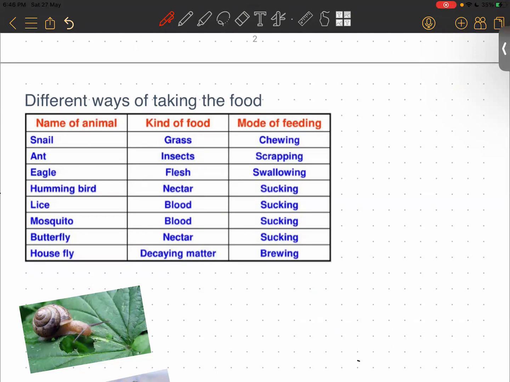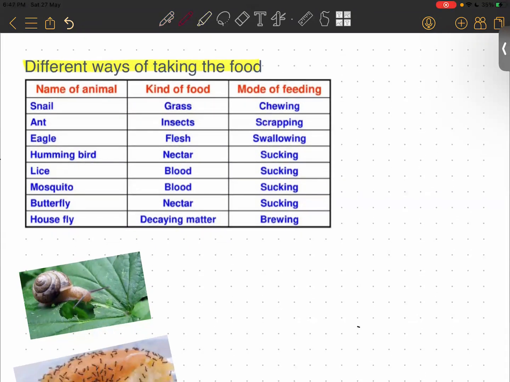We bite our food, we chew our food. Does the snake also chew the food? Does it break it into smaller pieces and then eat it? No, it engulfs the whole animal. So different animals have different methods of eating their food.